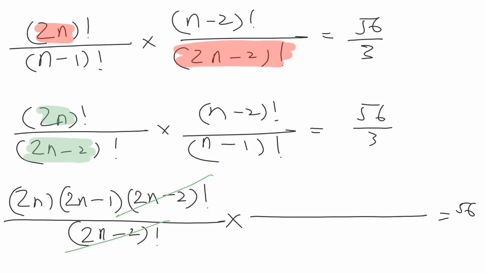Can someone tell me what is the bigger term out of n minus 2 and n minus 1? If you take n as 10, this will be 9 and this will be 8. So n minus 1 is the bigger term, so we have to reduce n minus 1 to n minus 2. n minus 2 will remain as it is. The first term of n factorial is n. So what is the first term of n minus 1 factorial?